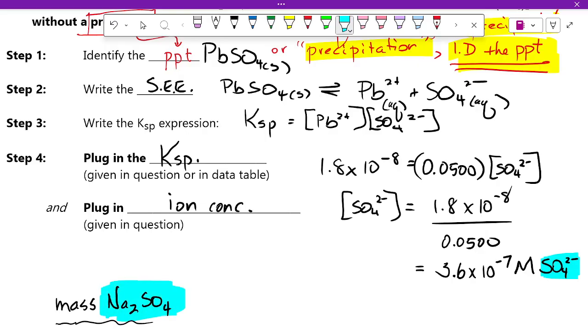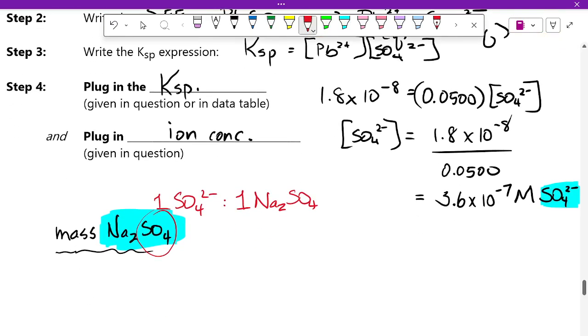Is the concentration of Na2SO4 different from the concentration of SO4? Na2SO4 has how many SO4s? One SO4, 2 minus for every one Na2SO4. Therefore, concentration of Na2SO4 is going to be the same, because it's 1 to 1.